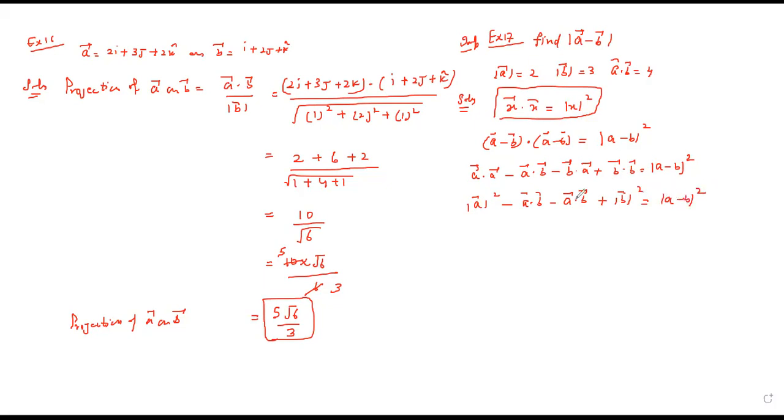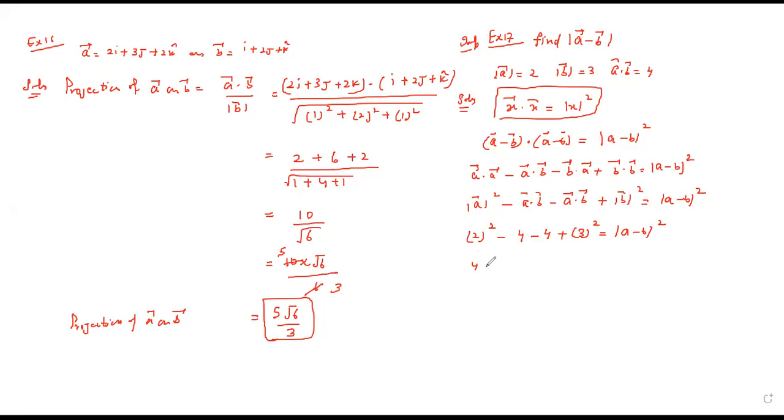This is very important. Magnitude of A is 2, so this is 2 square minus A dot B, this is 4, minus A dot B, this is 4, plus B, this is 3 square, which is equal to magnitude of A minus B whole square.